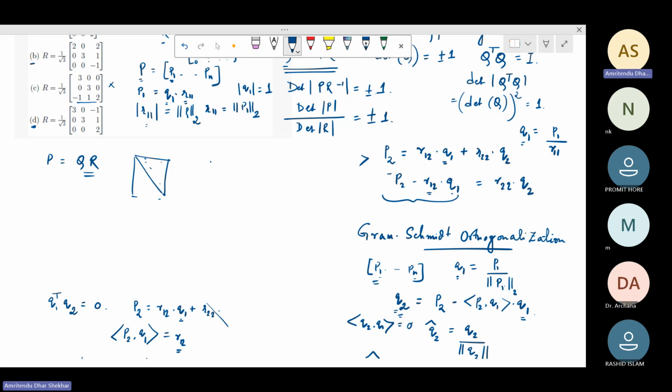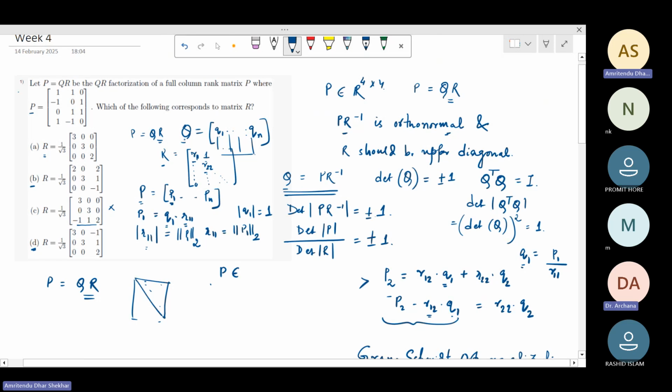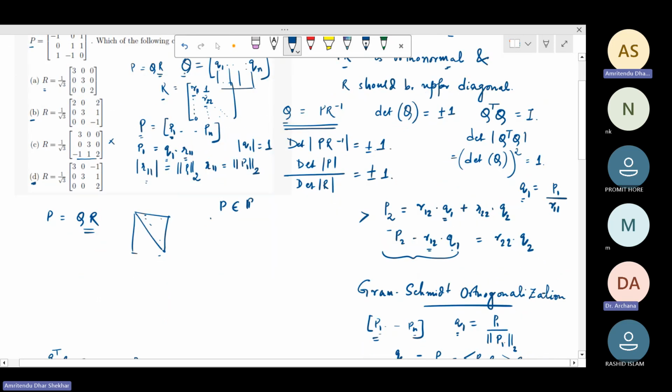But the thing is, if P is not an n cross n matrix, like in this case, P here is a 4 cross 3 matrix, then Q also is going to be a 4 cross 3 matrix, but R is going to be a 3 cross 3 matrix.